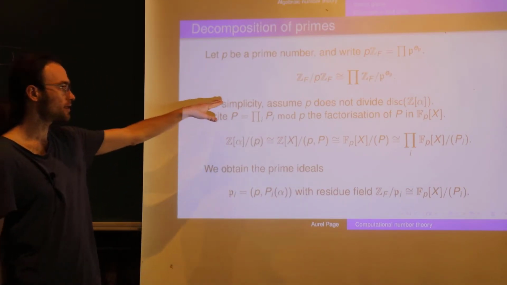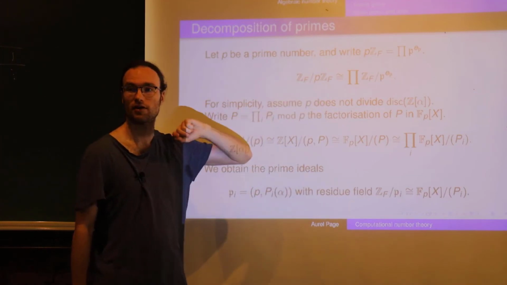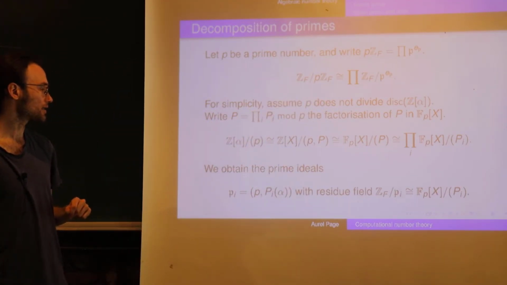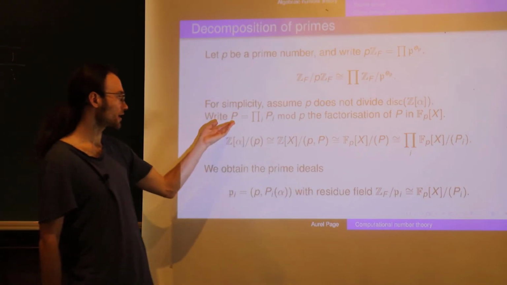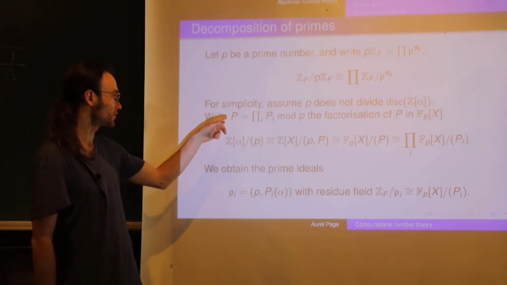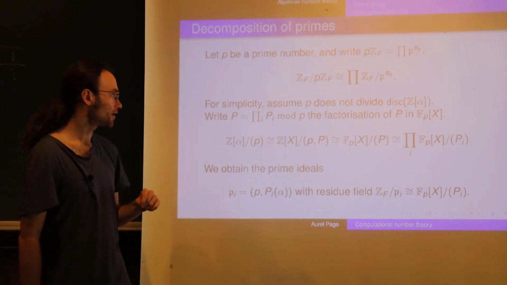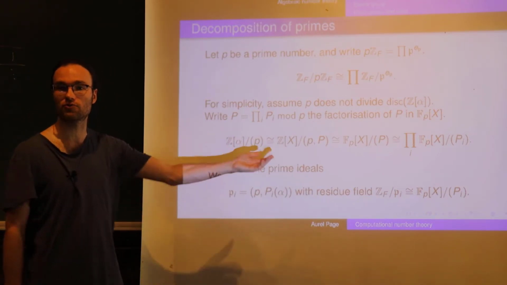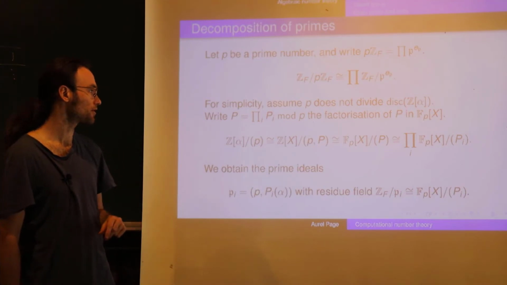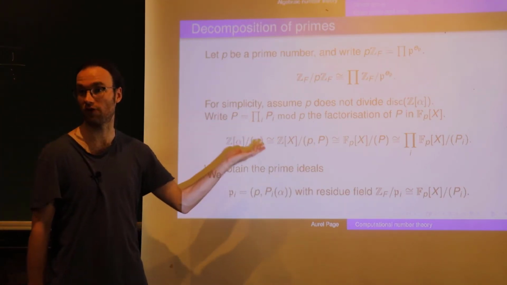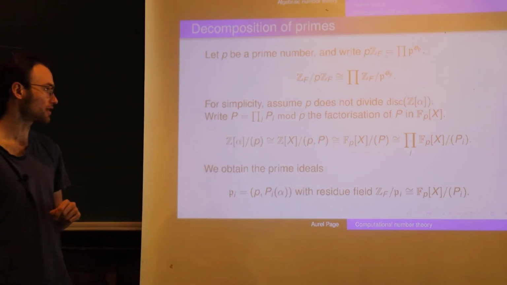For simplicity, we'll assume that P doesn't divide the discriminant of Z[alpha]. In this case, we can look at the defining polynomial modulo the prime number P. This is going to be square free because we assume that P doesn't divide the discriminant, and so we can factor it as a polynomial over a finite field. We get a certain factorization.